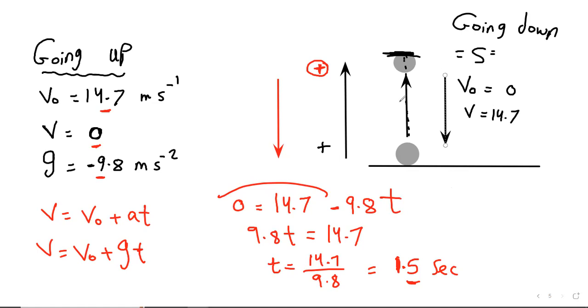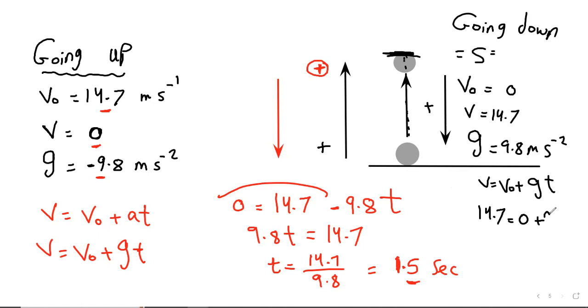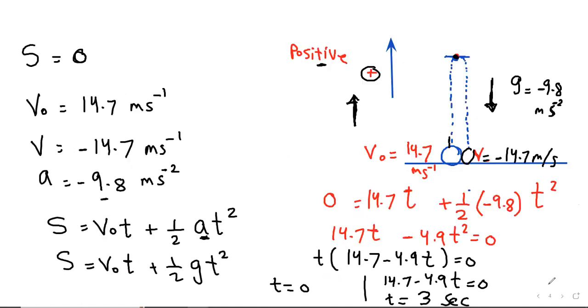So in this case, the acceleration G is 9.8 meter per second per second. We can use this rule, V equals V initial plus GT. So 14.7, the V final, equals 0 plus 9.8 multiplied by time, so 14.7 divided by 9.8 equals T. So time is equal to 1.5 seconds. That is the time taken in the descending.